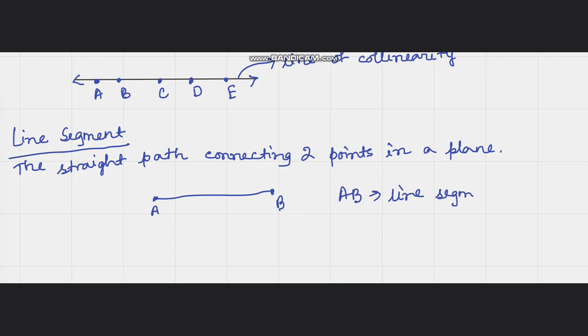We can clearly see that a line segment has two endpoints, right? And since it has two endpoints, it has a definite length which we can measure, correct?